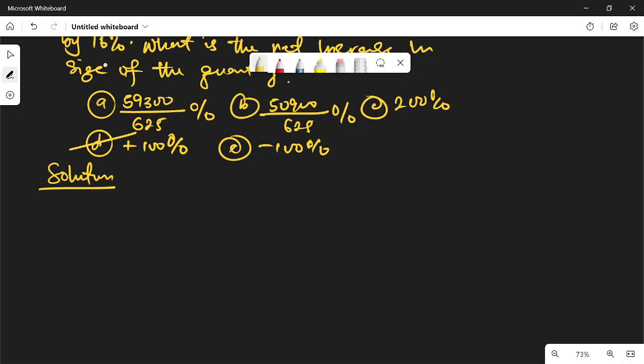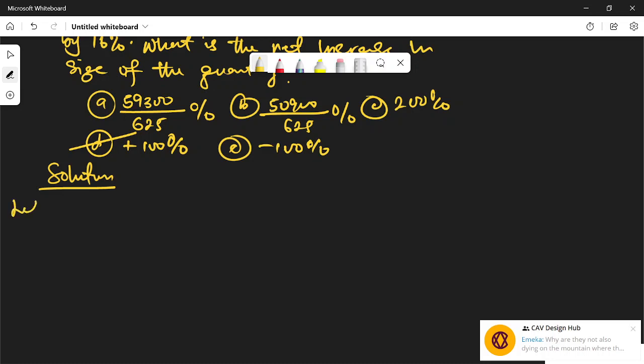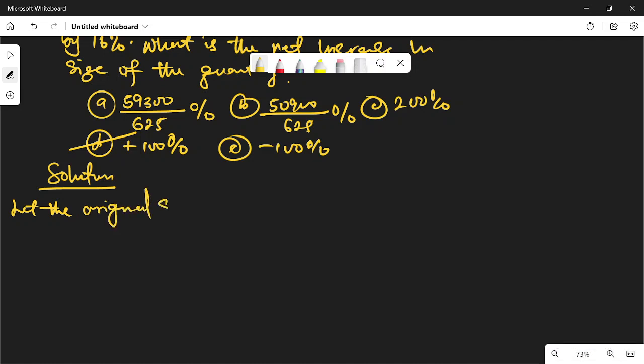Forget the fact that there are many stories there. But let's say you don't realize it's a straightforward question and you want to calculate it just the way it is. We are told that the size of a quantity first doubles and then increases by a further 16%. So let's first of all know the quantity itself. Let the original size equal x.